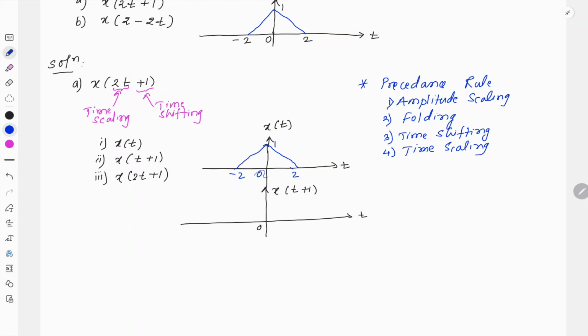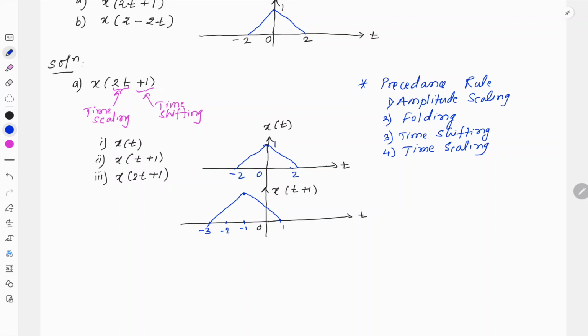Therefore 0 will be shifted to -1, -2 will be shifted to -3 and 2 will be shifted to 1. So let us mark the coordinates first: -1, -2, -3 and 1. So 0 is now shifted to -1. We get the amplitude 1 over here and this signal will be drawn in this way.